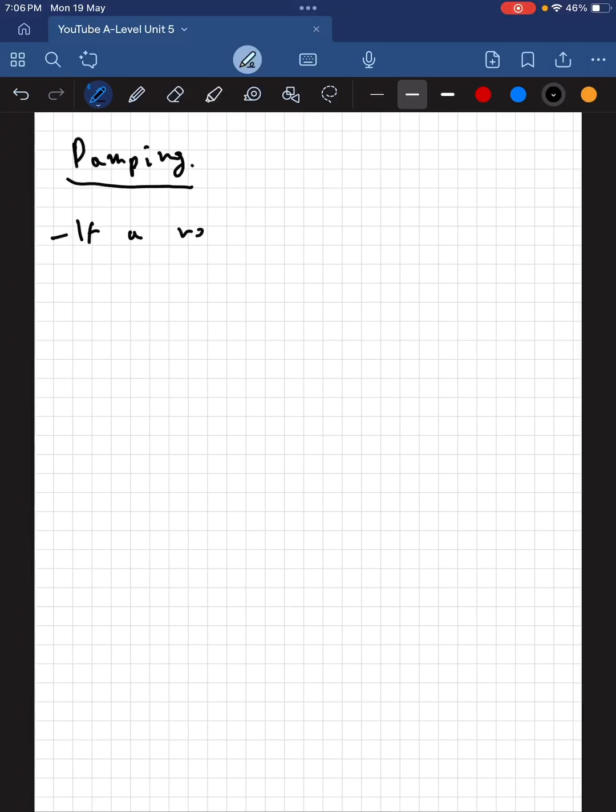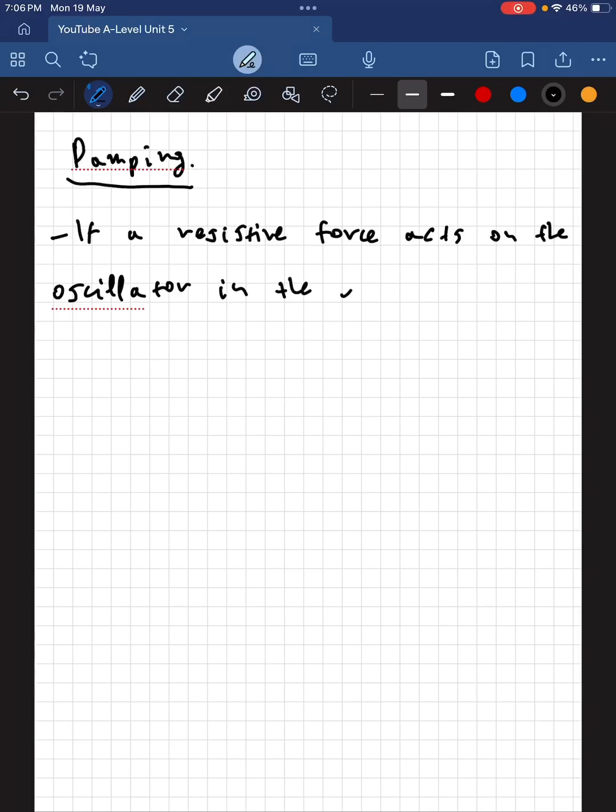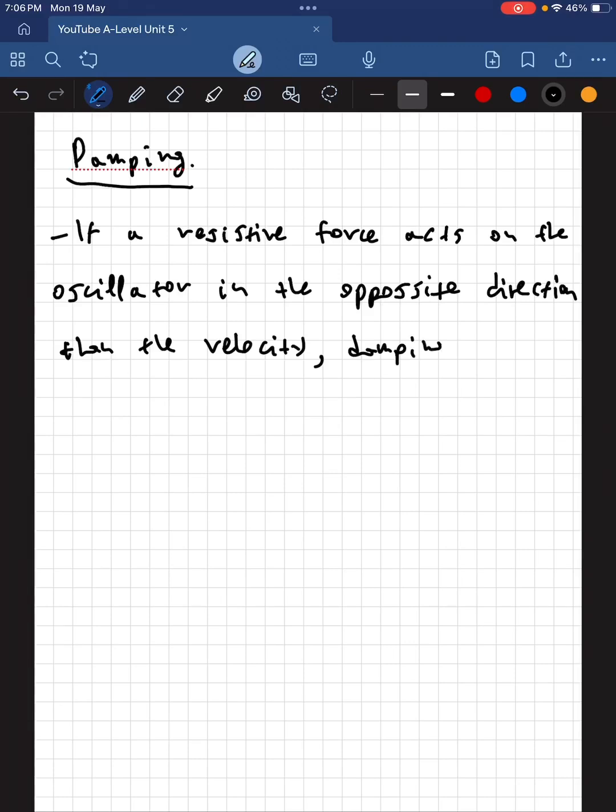So if a resistive force acts on the oscillator in the opposite direction than the velocity, damping occurs.